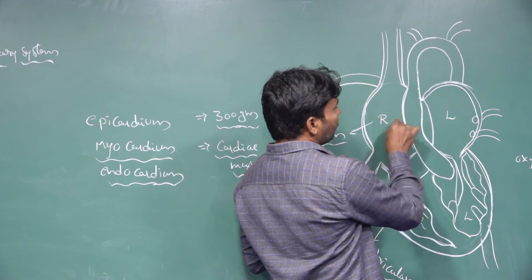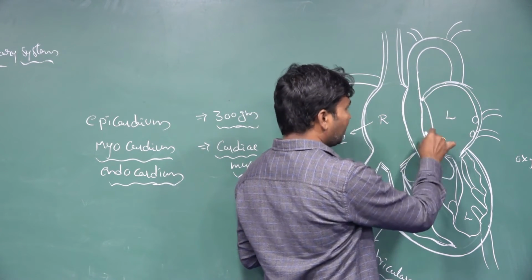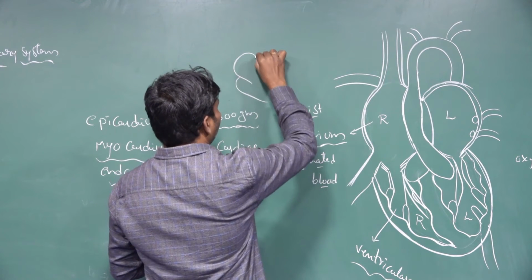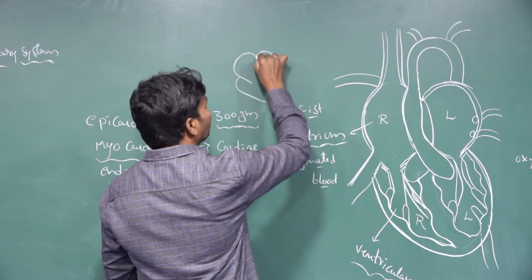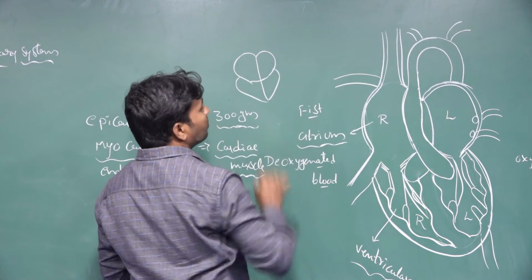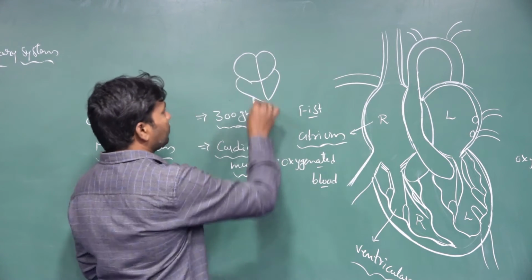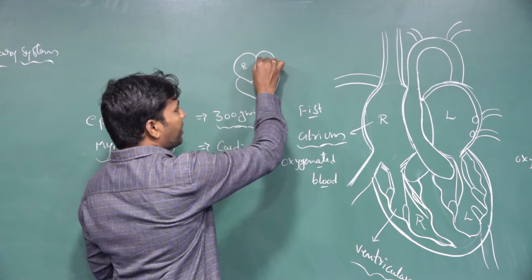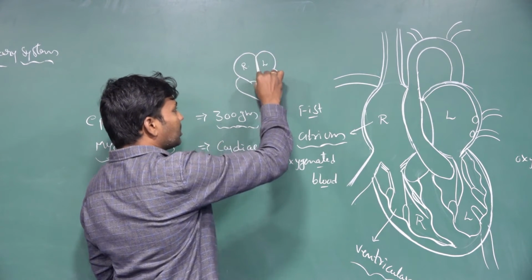The right atrium and the left atrium are separated, which we cannot clearly see in this diagram, by a thin septum.